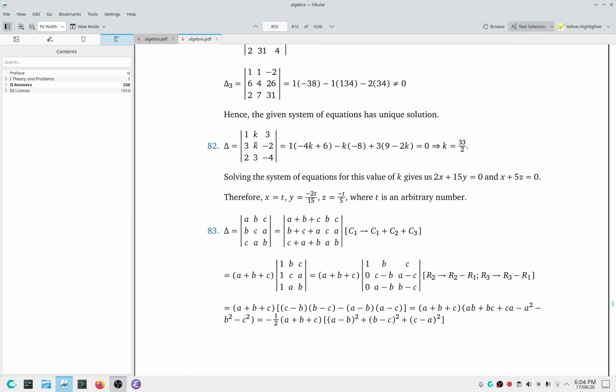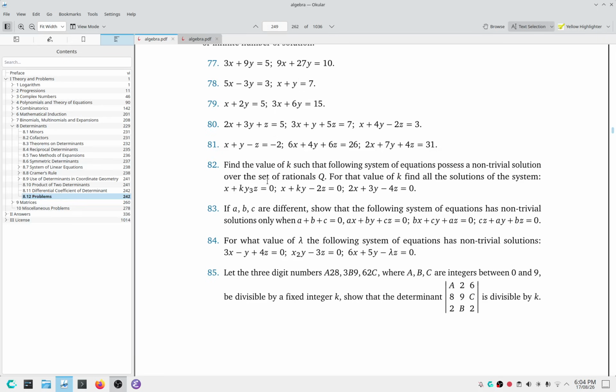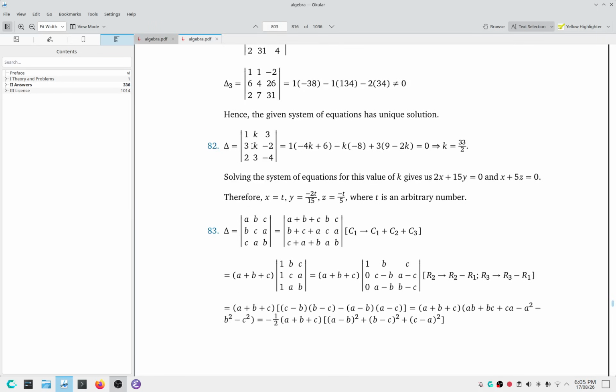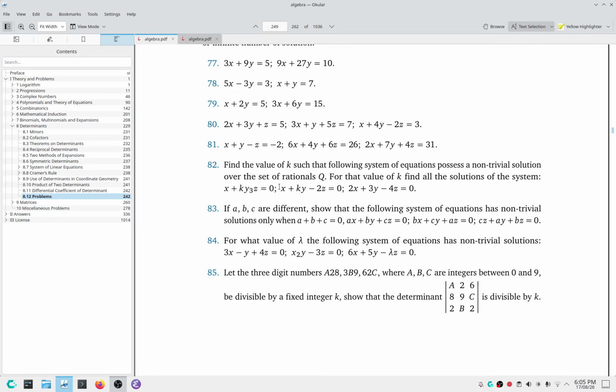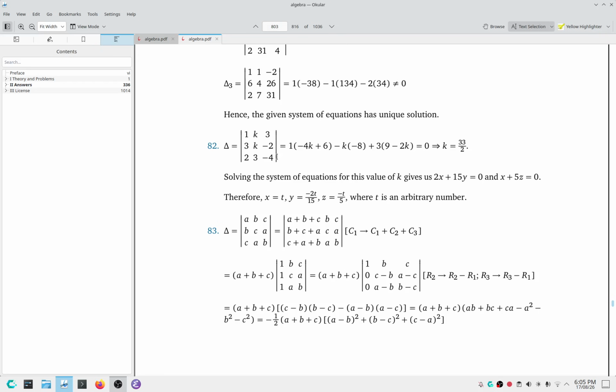Okay, this is indeed 3. So there seems to be a typing mistake here. There should be 3 here. Then we have 2, 3, minus 4. Irrespective of typing mistakes, you follow the methodology. So we set the value to be 0. It comes out to be 33 upon 2.